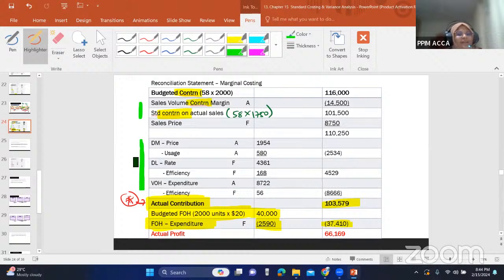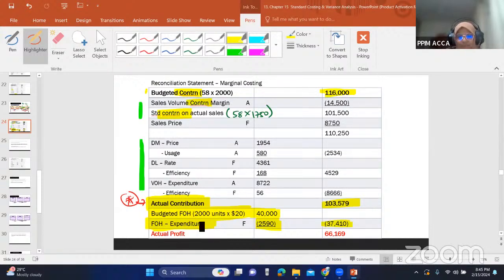But a non-financial manager will find it difficult to understand what this 116,000 actually is, because they don't know the concept of contribution. So if this report is going to go to a non-financial manager, then sometimes, although we are using marginal costing, we will prefer to start and end with a profit-based figure.